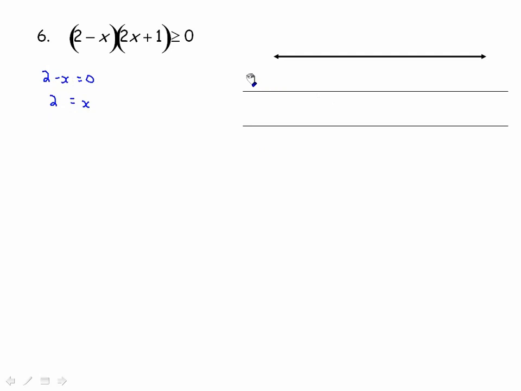So that's not a problem. But there is one problem that will arise from that. So here's x is 2. And then the other 0 is negative 1/2. You can check that out if you'd like. 2x plus 1 set to 0 will be negative 1/2.